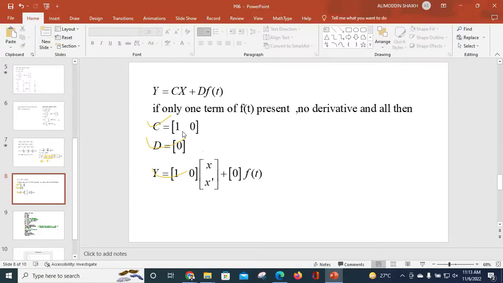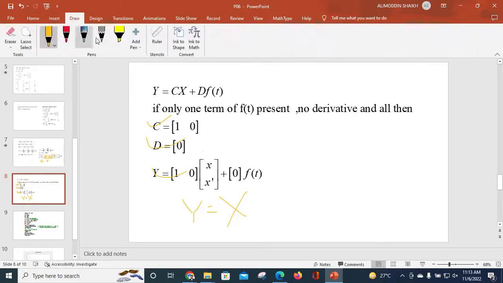In this way y is equal to 1 0 times x and x dash, plus 0 into f of t. Means after solving, y is equal to x.